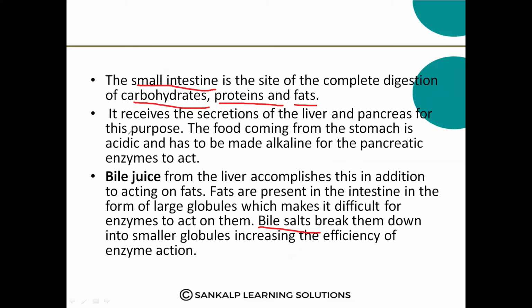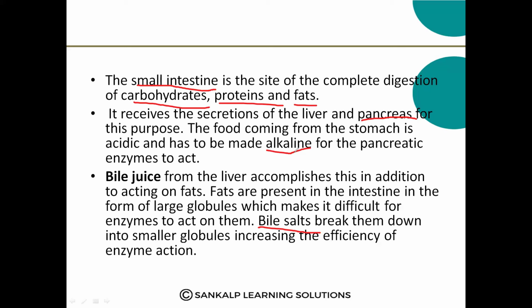This small intestine receives the secretion from the pancreas. It secretes the pancreatic juice, which helps to convert the acidic food into alkaline, because in the stomach the food became acidic, right?